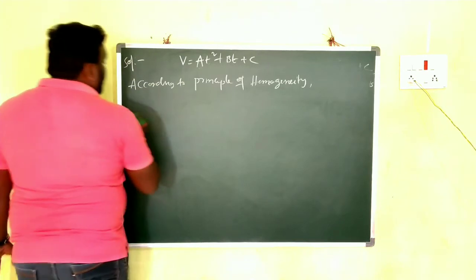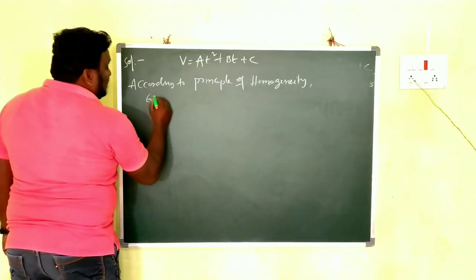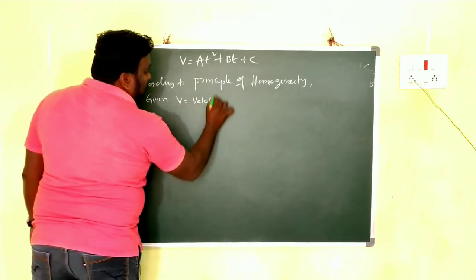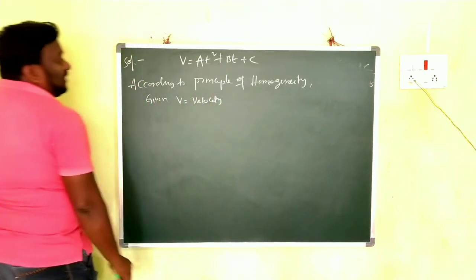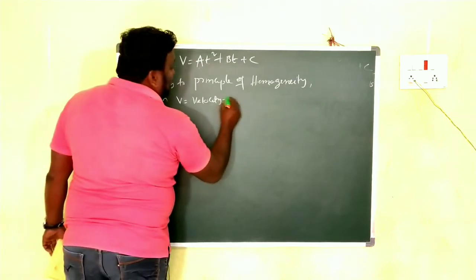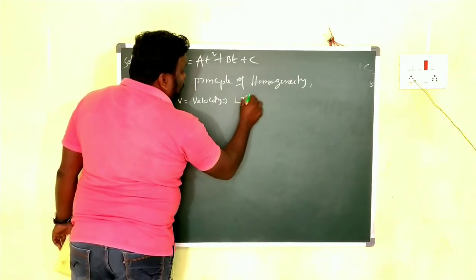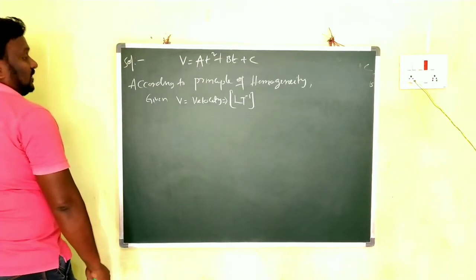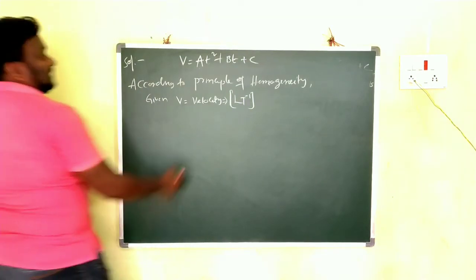And children, what was given? V is velocity. Its dimensional formula is what? LT inverse 1. Clear children? And T means what?